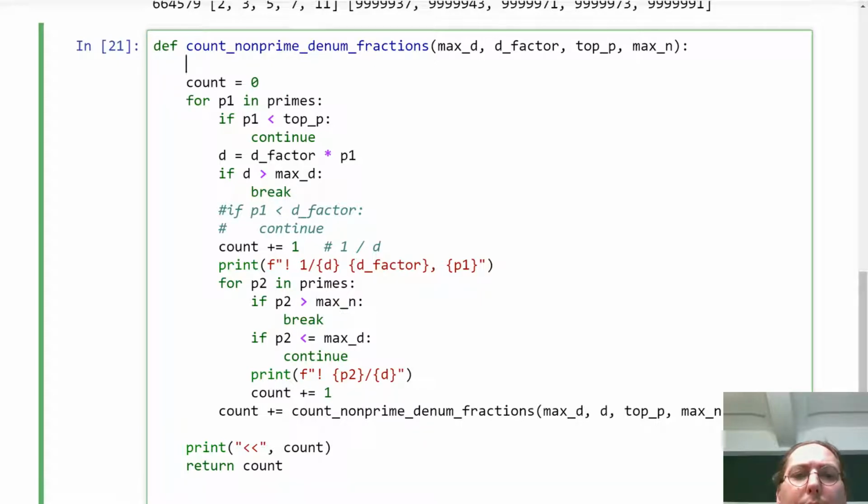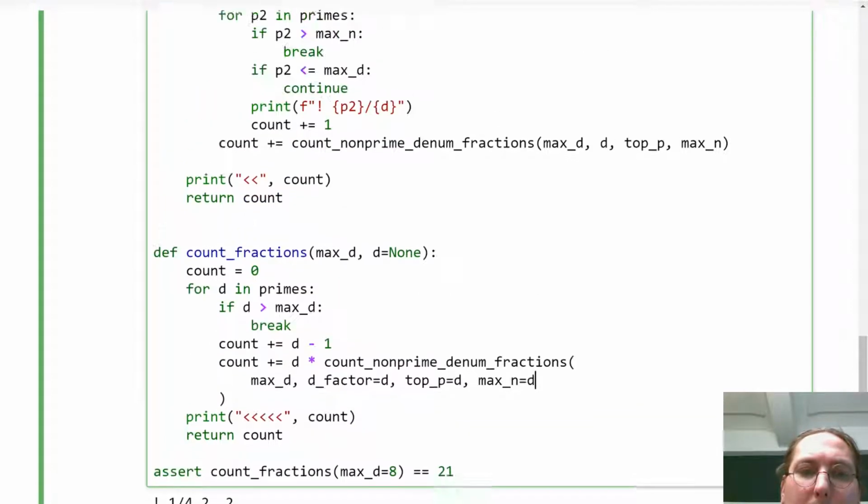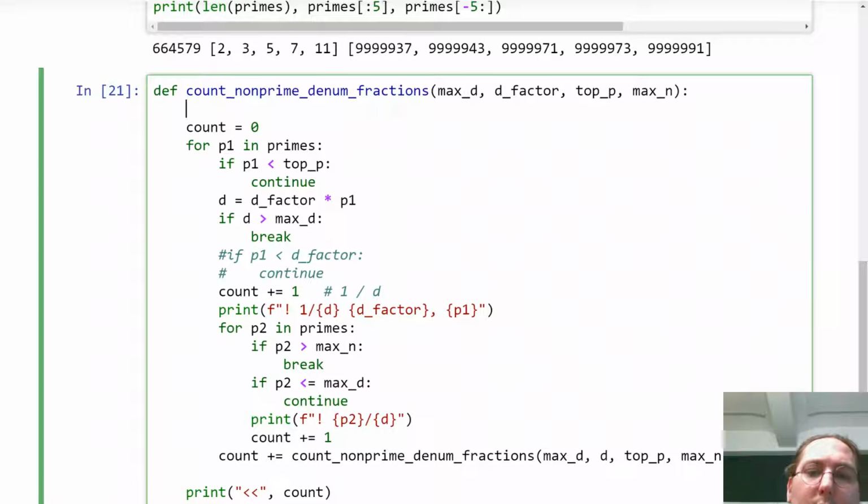What is the initialization of max n? Here. Put in some debug stuff.